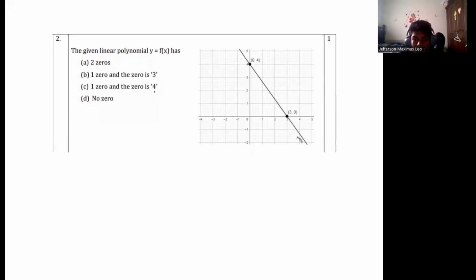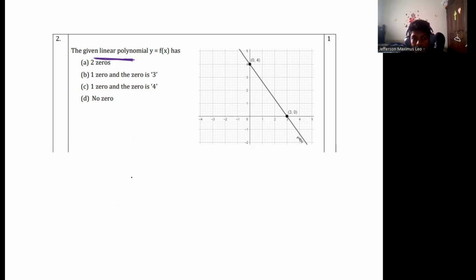Think very well. You would have studied this in 9th grade. Depending upon the degree, the polynomial has a specific name: degree 1 is linear, degree 2 is quadratic, degree 3 is cubic, likewise.